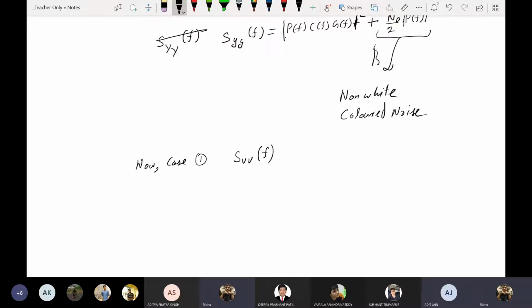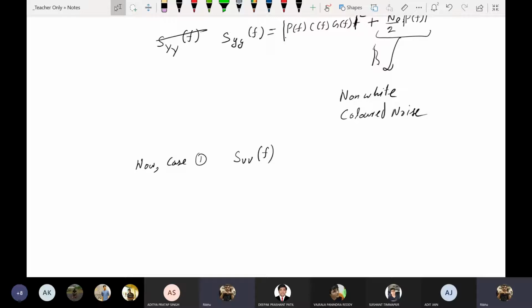See, the power spectral density is the Fourier transform of the autocorrelation function. There is no frequency domain definition of power spectral density. But the noise and the signal are uncorrelated. Okay, sir. Fine. So that's why I do not define the power spectral density in the frequency domain for noise.